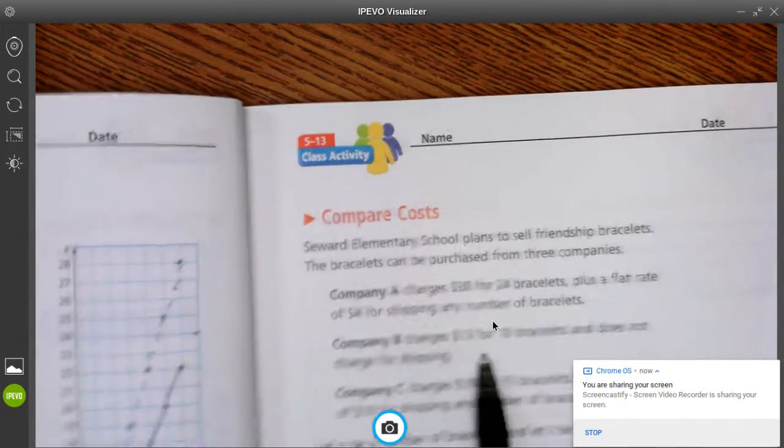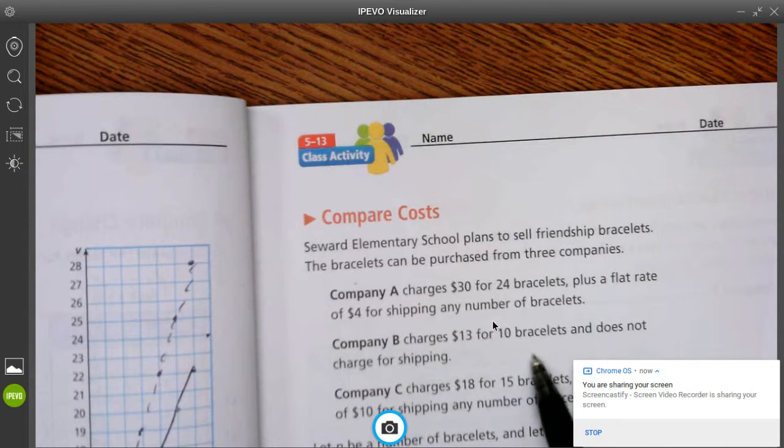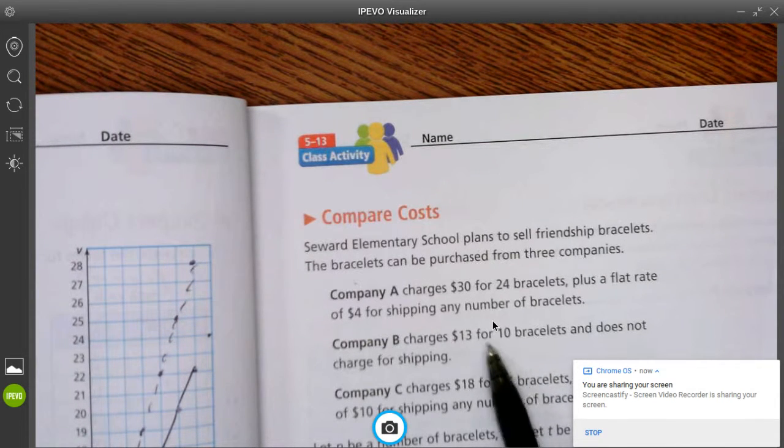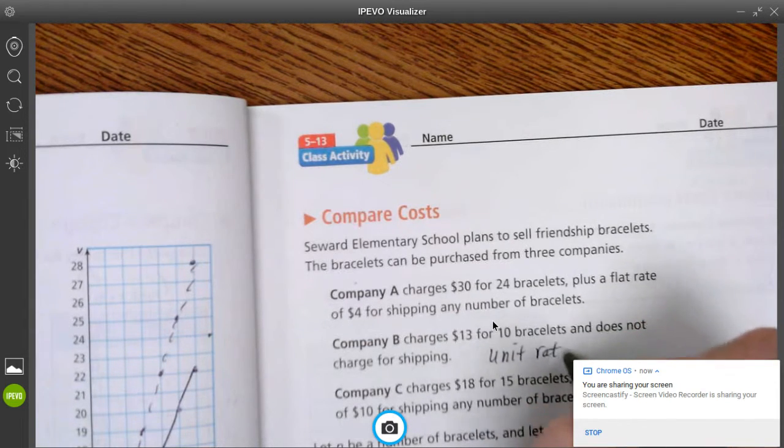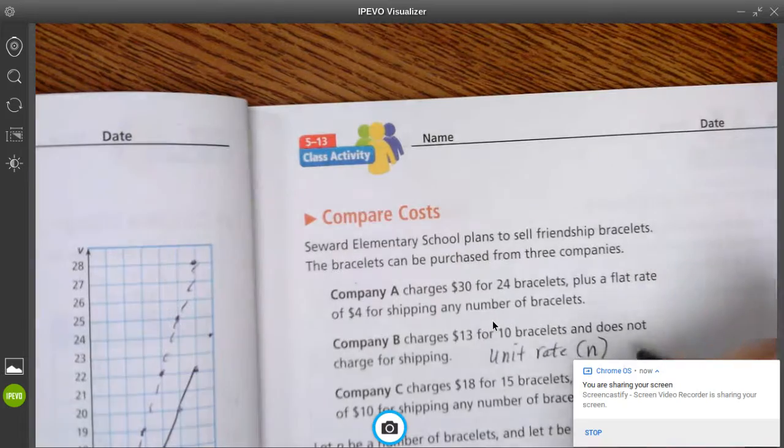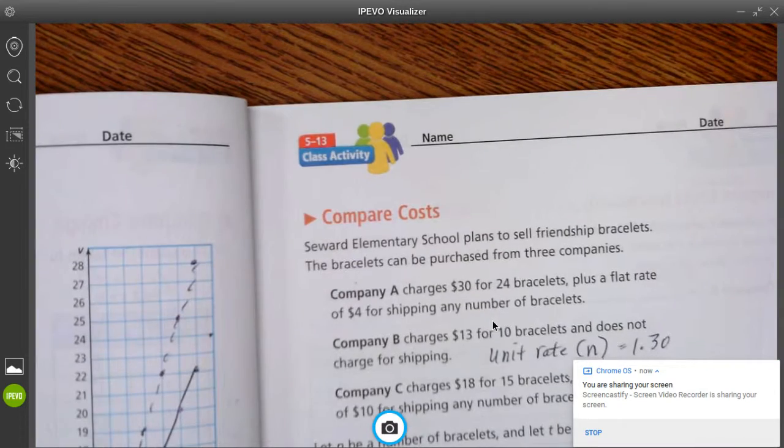If company B is $13 for 10, how many would 1 be? So we want to divide 13 by 10, and you're going to end up saying that the unit rate, or N, would be multiplied times $1.30.